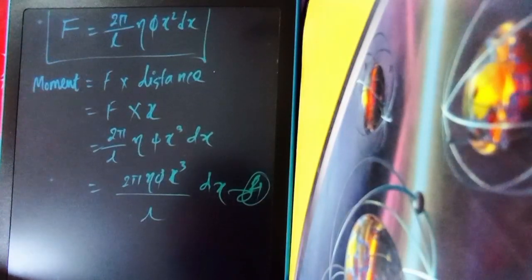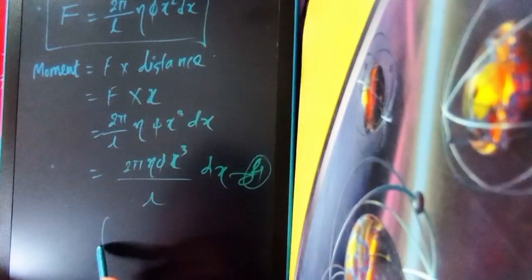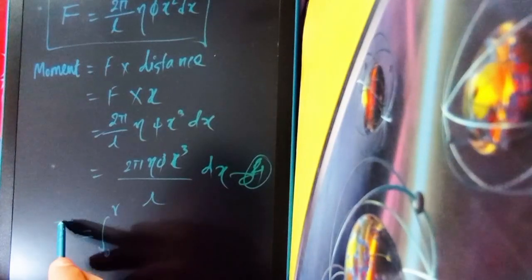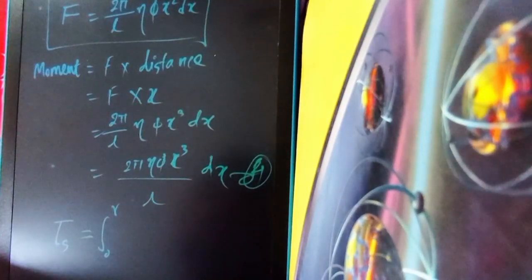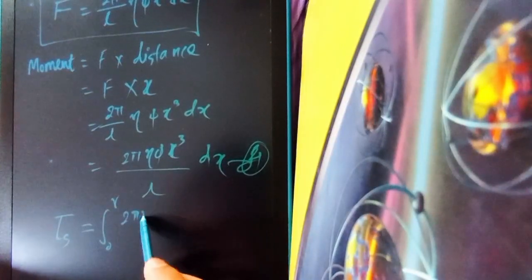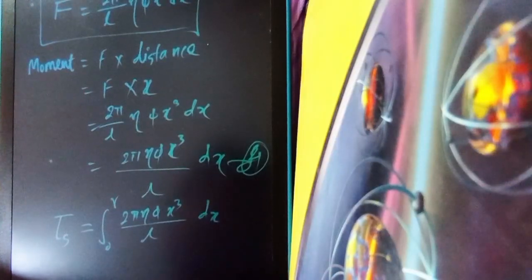So the moment, which is the torque tau, is the integral of 2 pi eta phi x cube by L dx.